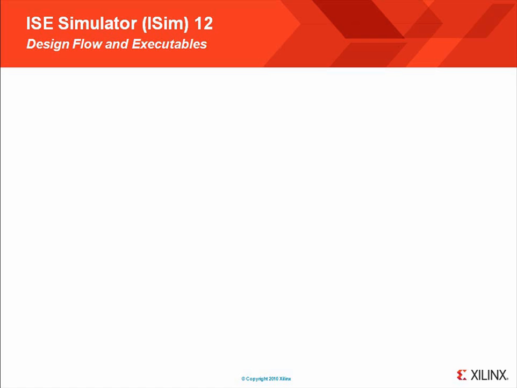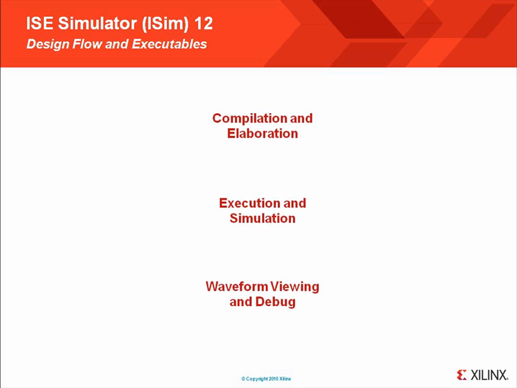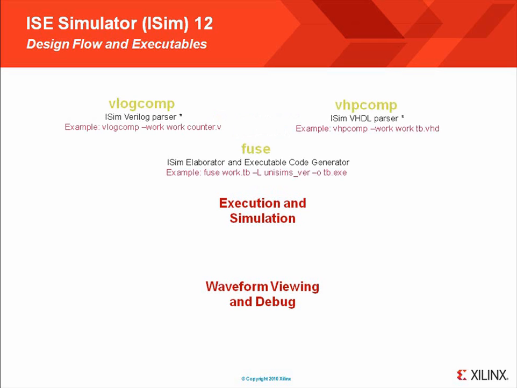ISim can also be launched separately from design environments using batch scripts. This is particularly useful for command line users. ISim provides commands for completing each of the following simulation steps. First, the Verilog and VHDL compilers compile HDL into work libraries.